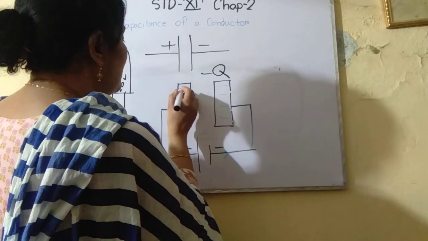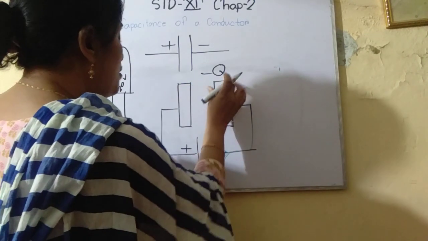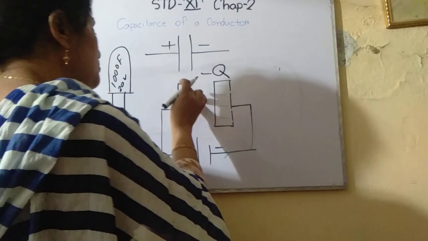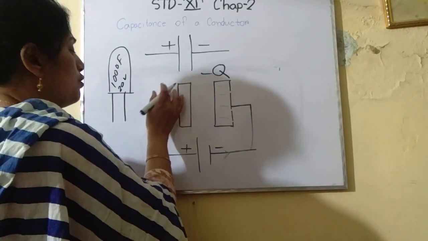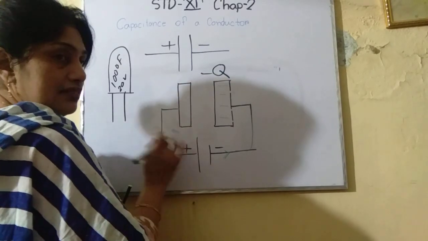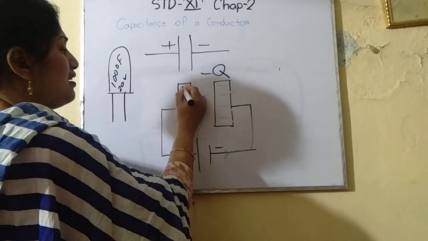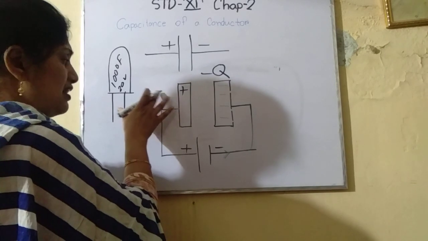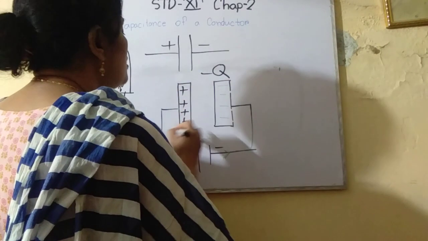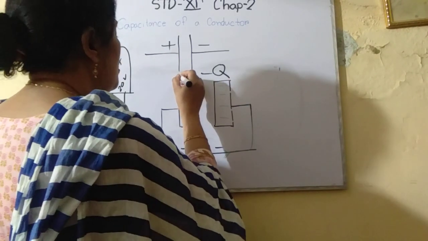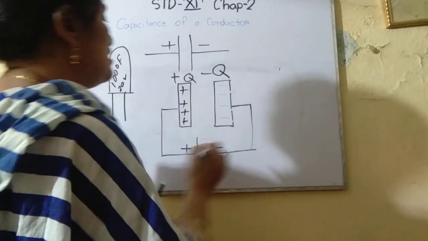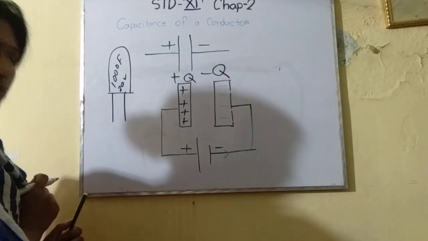Suppose 100 electrons are gathered here, the same 100 electrons will go from here to here, that means in the positive direction. Then, if 100 electrons go from here, then 100 protons' worth of positive charge will be accumulated here. So this plate will be positively charged and this plate will be negatively charged.